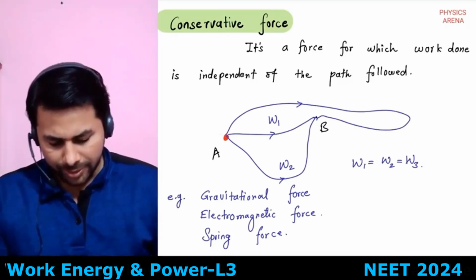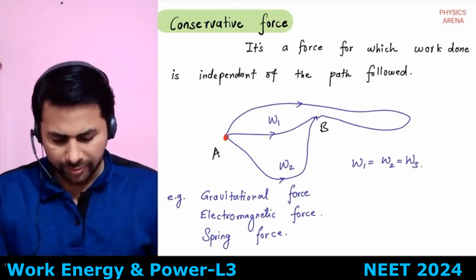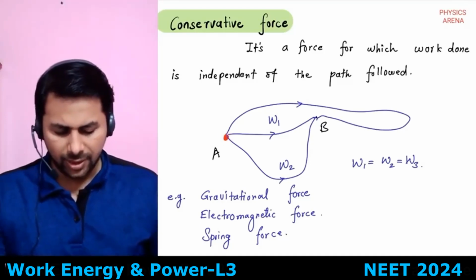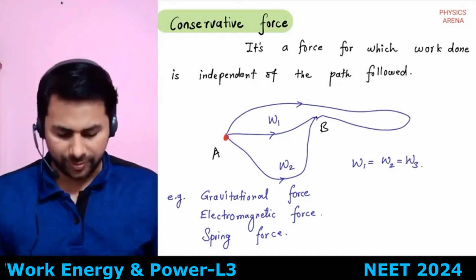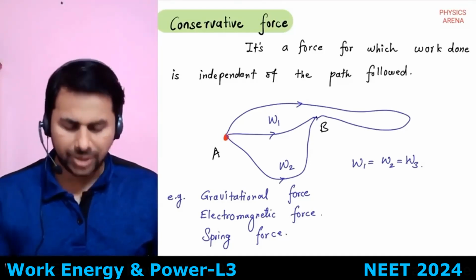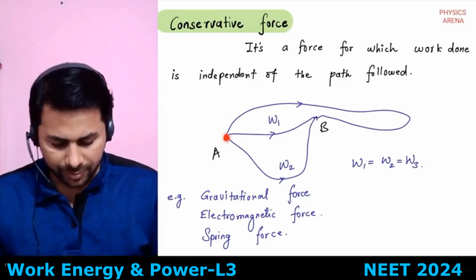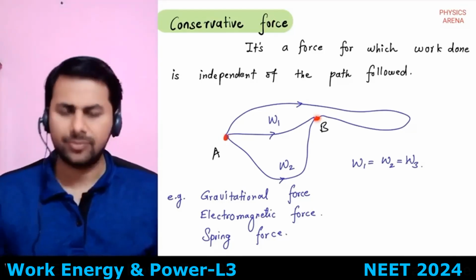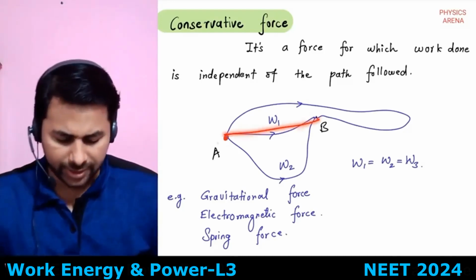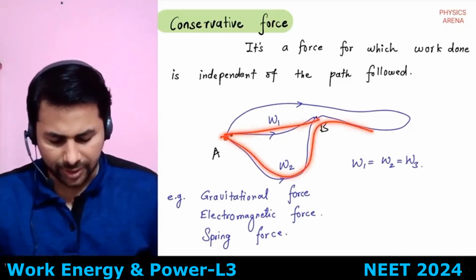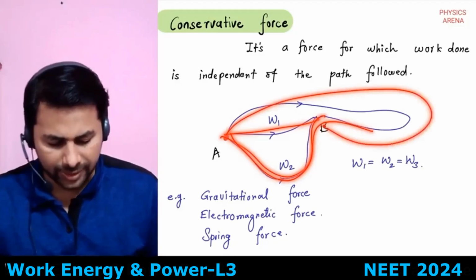Suppose you have some body which is here and there is some force acting on that body. For example, let's suppose gravitational force acts on this body. You move this body from this point to this point. It can be moved like this, it can be moved like this.